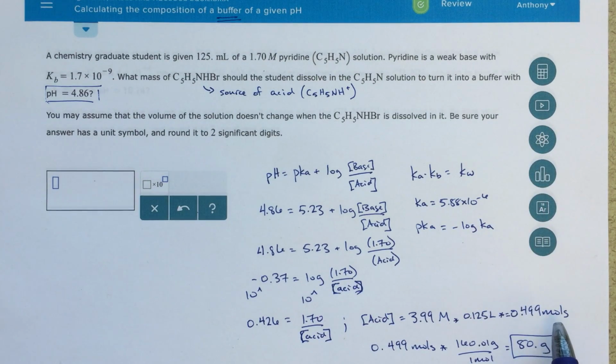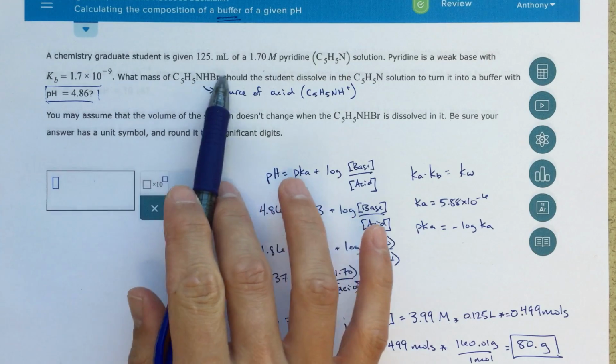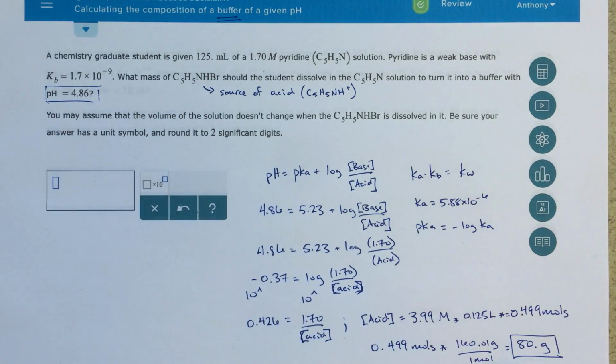That number of moles is my moles of acid, and then this last calculation is just converting it from moles into grams, and this is my acid, so this is the molar mass that I would be using. Calculate that as 160 grams per mole, and that equals 80 grams. So if you put 80 grams of this acid into your pyridine solution, you would end up with a buffer, and that buffer should have a pH of 4.86.